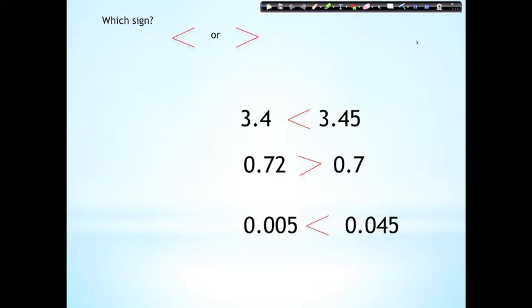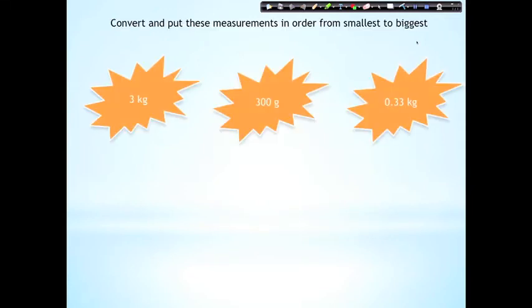Okay, convert these and put the measurements in order from smallest to biggest. Again, you don't need to pause, and I'll give you about 30 seconds to put them in order from smallest to biggest.